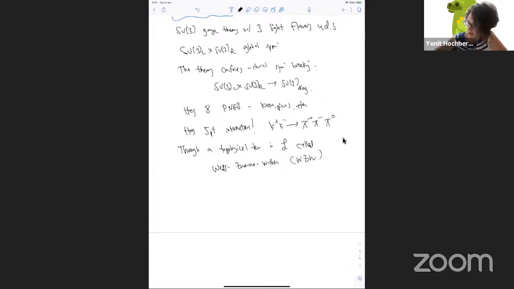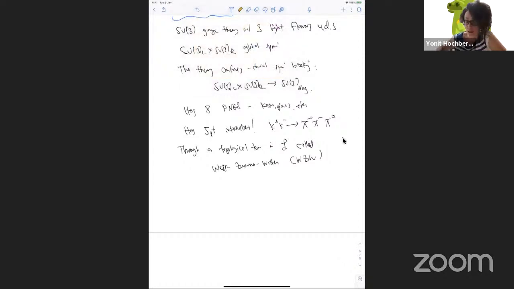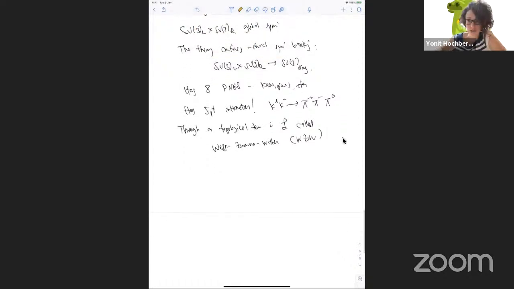In case you're interested in reading some theoretical papers about why this is called a topological term and why this term exists, I'll just tell you that this is based on work by Wess and Zumino in 1971, followed up by 2 papers by Witten in 1983. These are really beautiful papers to read.